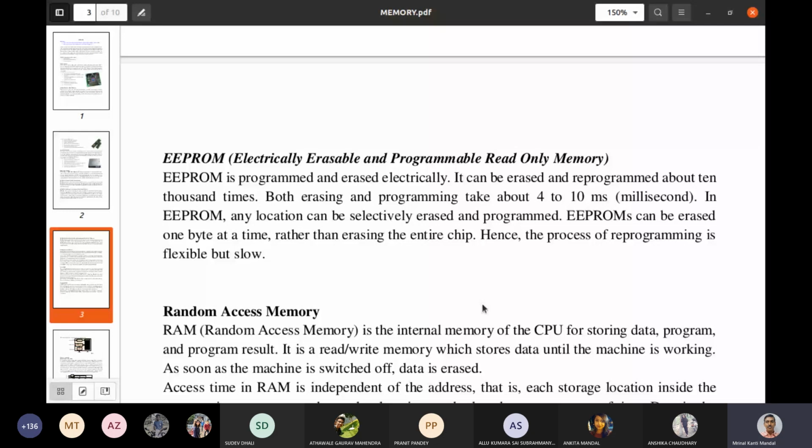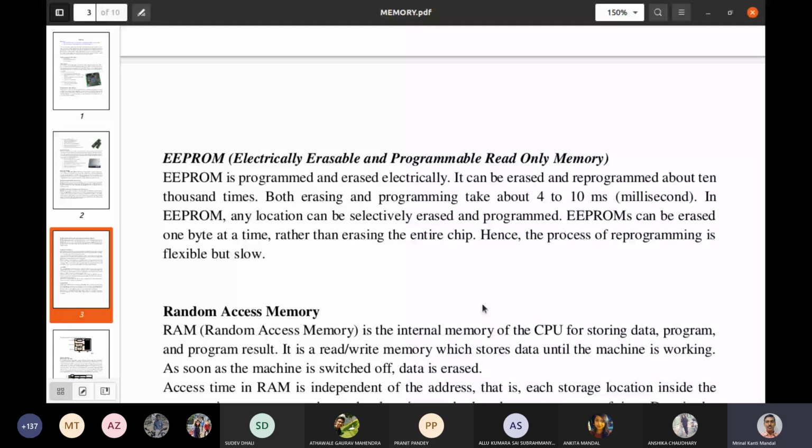And this programming time and erasing time is sufficiently small compared to your previous case, that is EPROM. And here this time is of the order of 4 to 10 millisecond. Within this time interval, you can program and you can also erase the content. So you can use it frequently to program it and erase it for this memory.